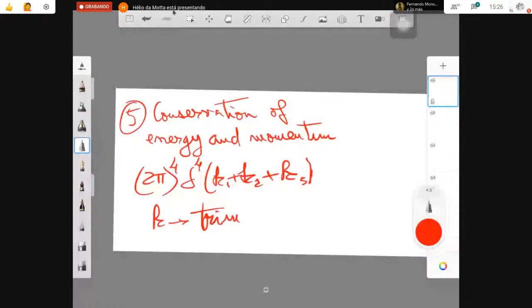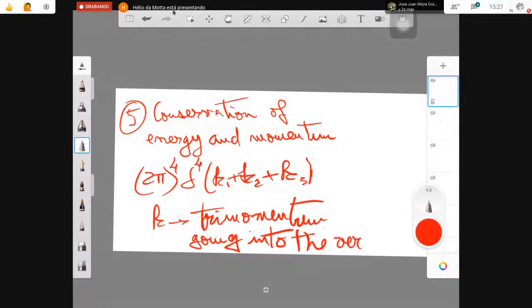Again, k is the momentum going into the vertex.